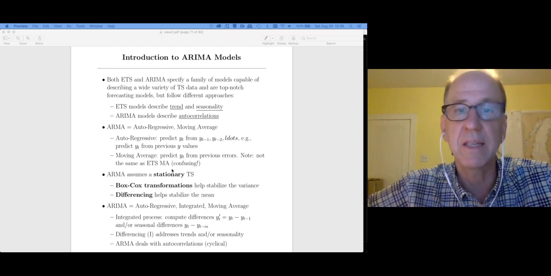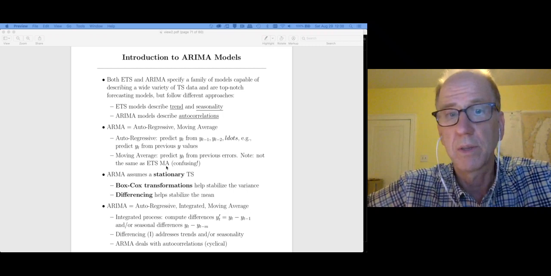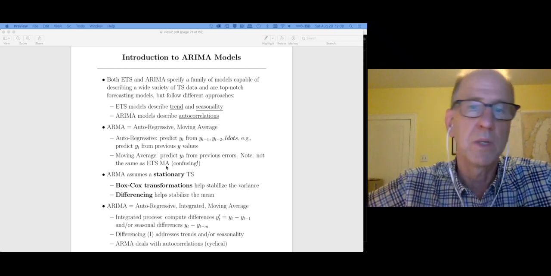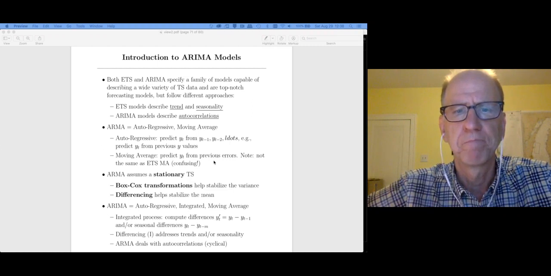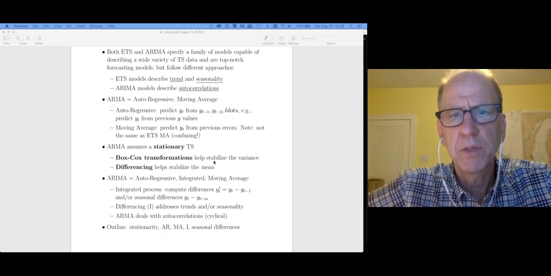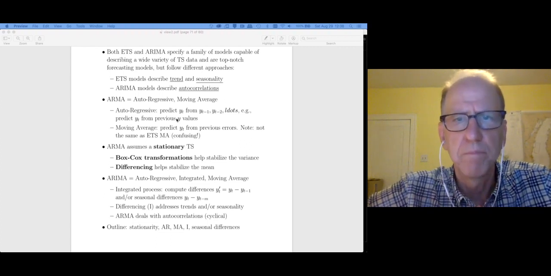This is not the ETS moving average where we just average subsequent observations. This means we're predicting y sub t from previous errors. ARMA is what we're going to be using to understand and model the autocorrelations.